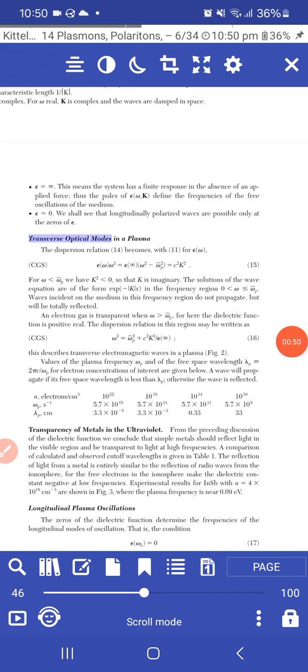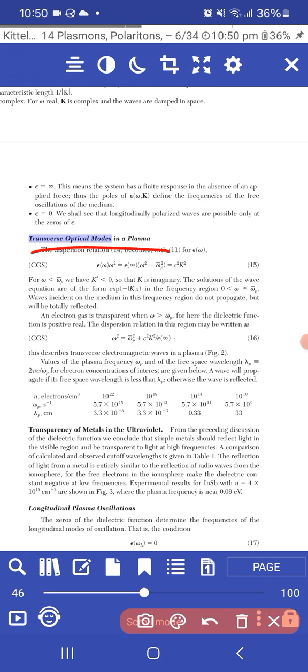So, the first part is the transverse optical modes in plasma, but for that, we have to go a little back.